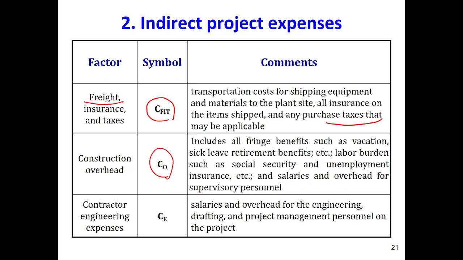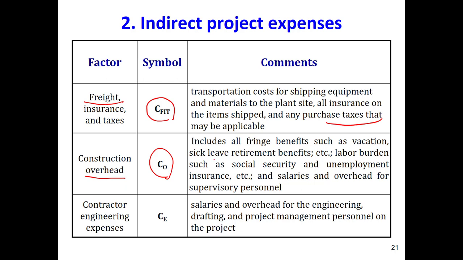Construction overhead. There's always some additional expenses, especially in construction, that you need to also consider, that we show with CO, overhead. It includes all the extra benefits that you need to provide.